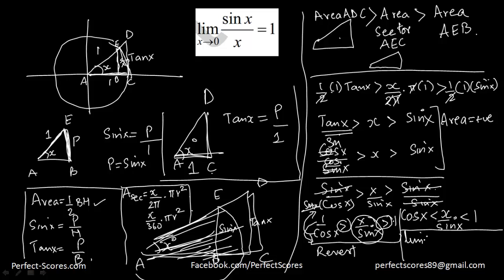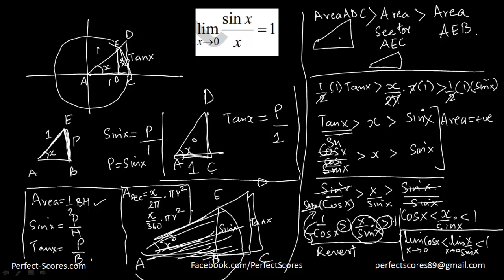Now if I apply the limit everywhere, the limit of cos x when x tends to 0 is less than the limit of x over sine x as x tends to 0, which is less than the limit as x tends to 0 of 1, which is going to be 1 only, right?